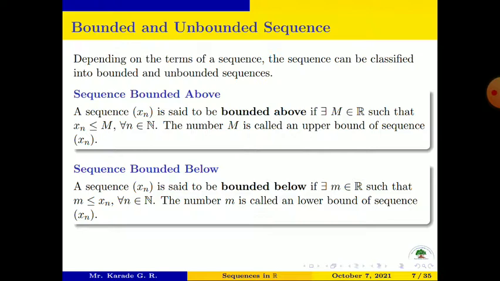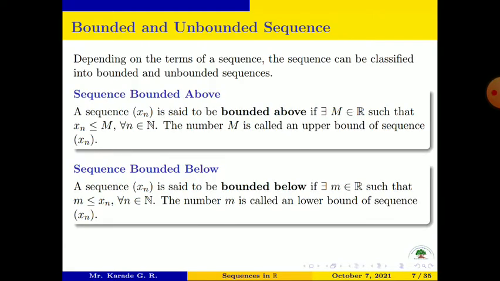In other words, a sequence of real numbers is said to be bounded below if there exists a real number m such that all terms of that sequence are greater than or equal to that real number m. Here small m is called a lower bound of that sequence.